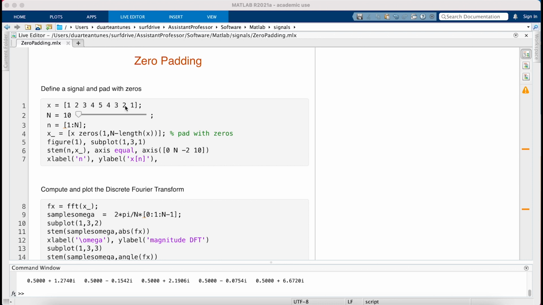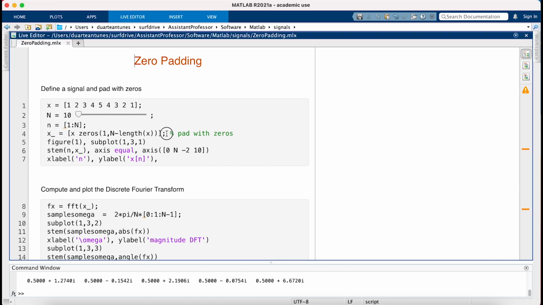And the way we interpret this signal is by saying that x of 0, the signal at time n equals 0, is equal to the first component of this vector, 1, x of 1, which is the signal evaluated at n equals 1, is equal to the second component of this vector, which is 2, and so on. We are going to pad this signal with zeros so that the padded signal has length capital N. Now the original signal has length 10, so if we pick capital N equals 10, we retain the original signal. The padding operation is done here.